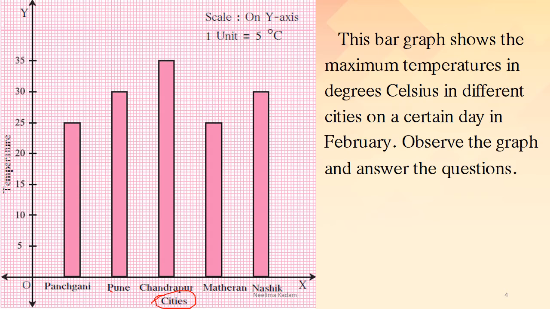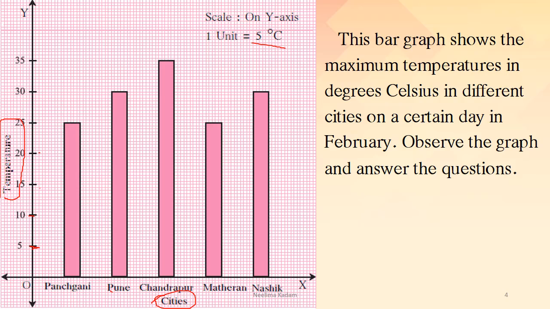On the y-axis, temperature is given and the scale is given on the y-axis. 1 unit equals 5 degrees Celsius. See here, this 1 unit is 5 degrees. This is 10, 15, 20, likewise.